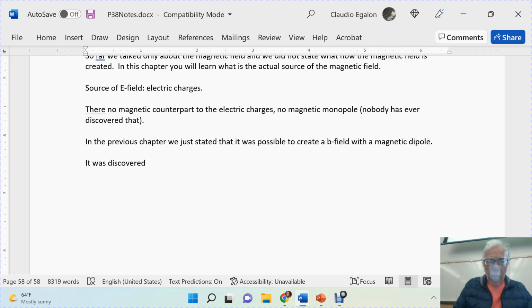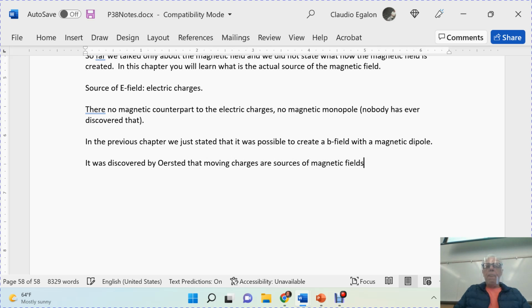It was discovered by Ørsted that moving charges are sources of magnetic fields.